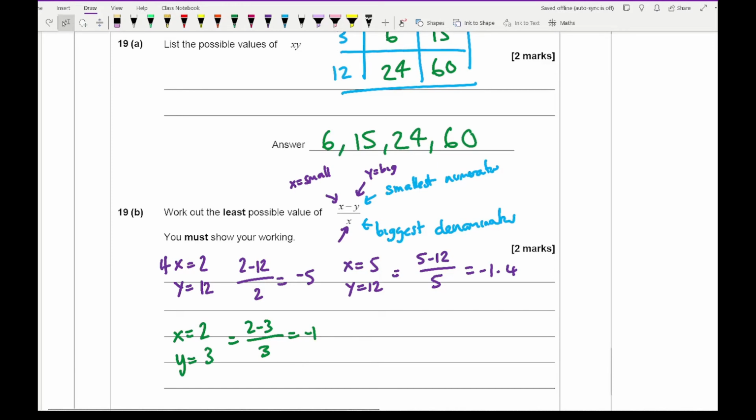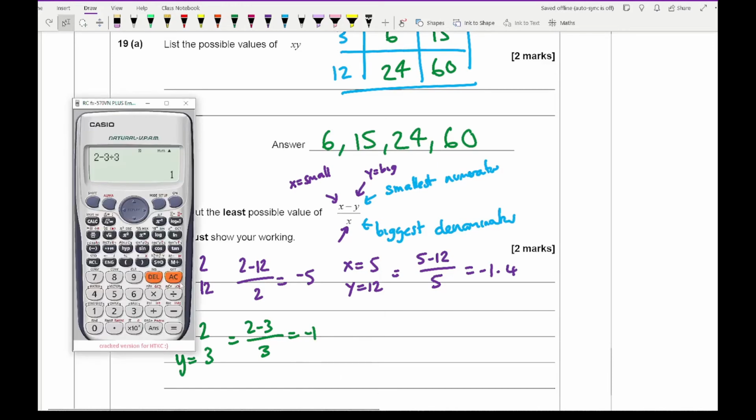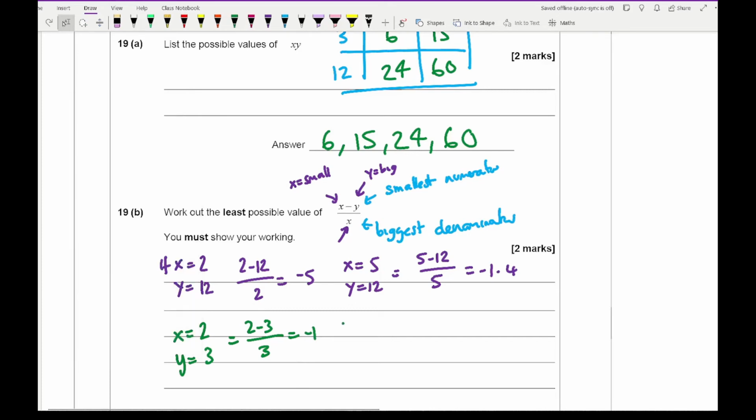Then for the next calculation, x equals 2 and y equals 12, which I've already done.